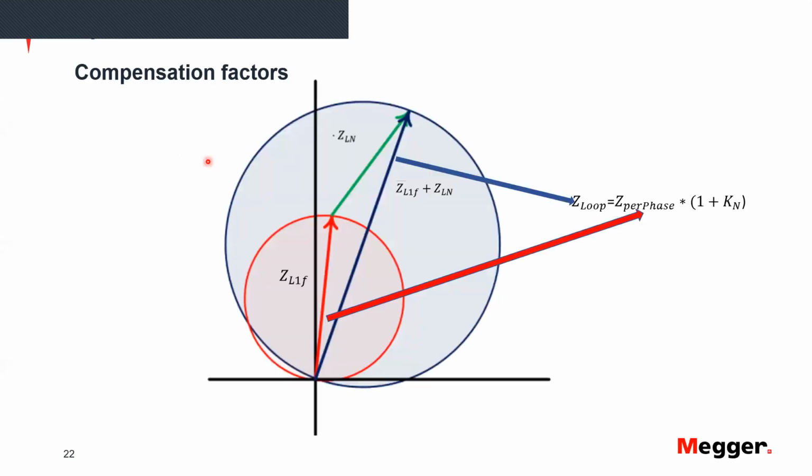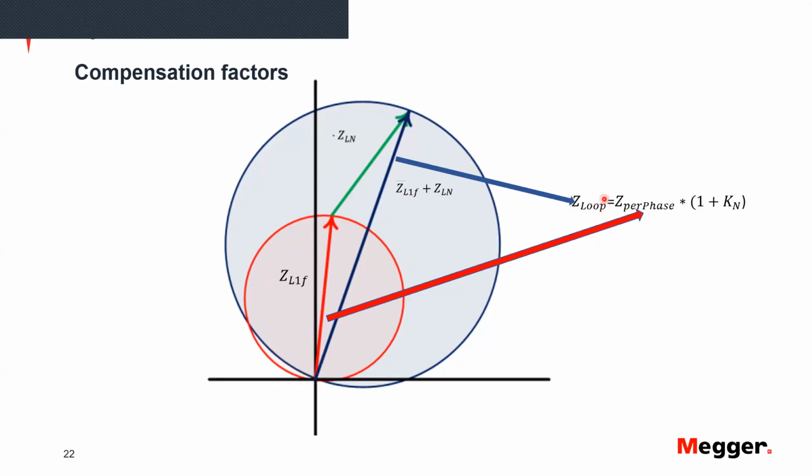Now, I'm going to show you a diagram that, in my opinion, connects what the compensation factor means and what it means for our impedance protection, and especially later for our impedance testing. See, this is the impedance to the fault, the impedance over the line to the fault, without considering the expansion that happens. See that this characteristic here expands when we have a fault to the ground, and we call this expanded impedance the loop impedance.